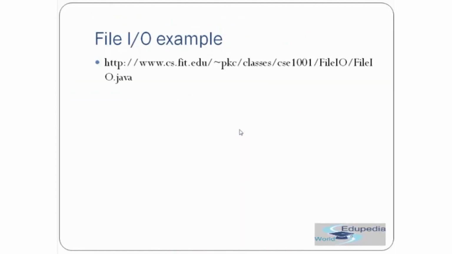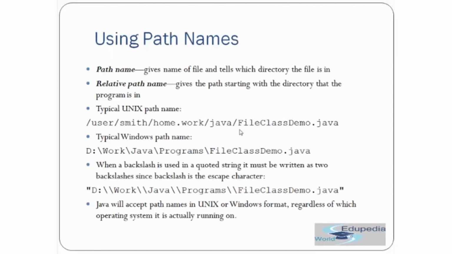Now this is an example. This is just a normal file kept in some package. The path which you give depends on how you want to give it. The path can be a relative path or an absolute path. A relative path gives the path starting with the directory that the program is in. Like, if your program is already in, let's say, the C drive, then you do not include the C drive. You can give the relative path.